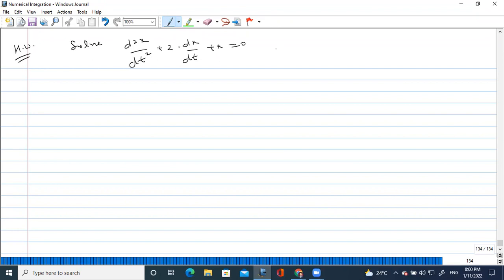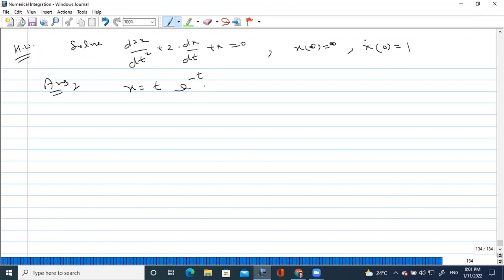So this you have to solve, and the boundary conditions are x(0) is equal to 0, x dot (0) is equal to 1. For that I am giving you the answer. The answer will be x equal to t e to the power minus t.